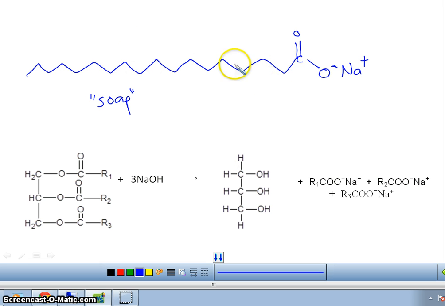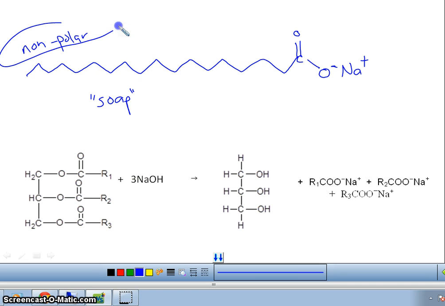Now if you think about this end down here, do you think it's going to be polar or non-polar? You're right, this end here is non-polar because these are carbons and hydrogens just all in a chain, right? It's the non-polar end.